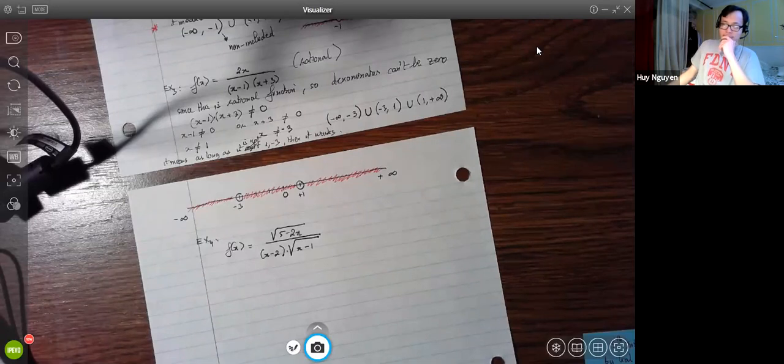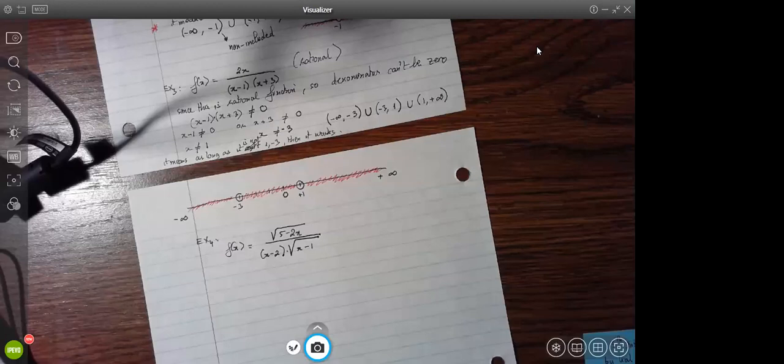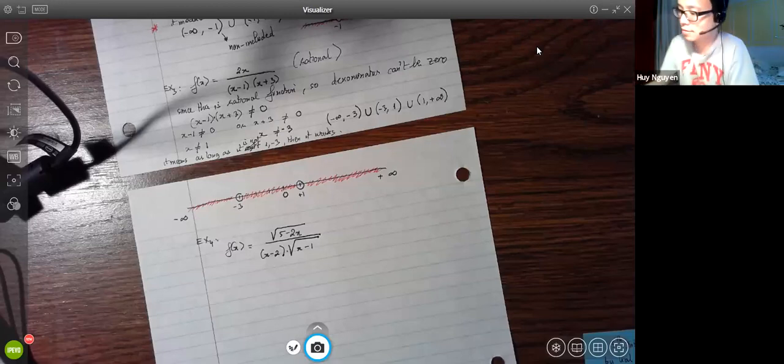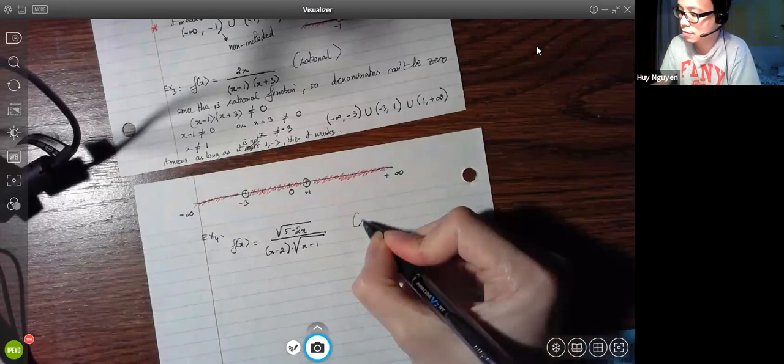All right, question for you. Is this a rational function? Yes, because it's in fractional form, it is still considered a rational function.